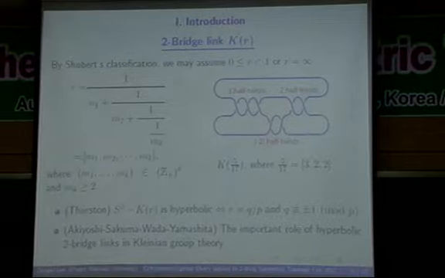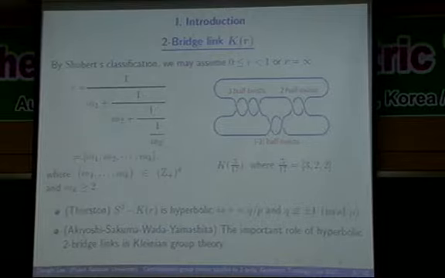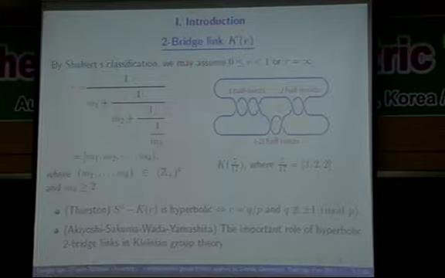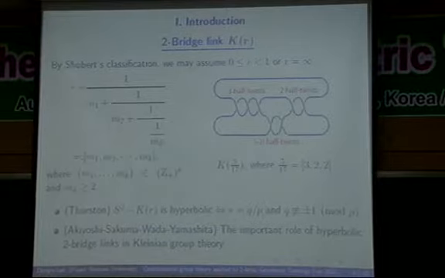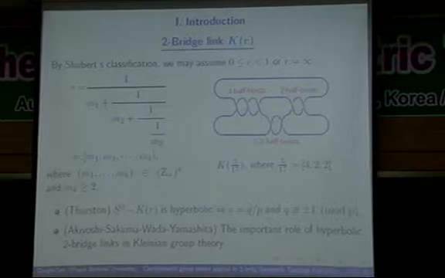Except those trivial cases, we may express r as a continued fraction expansion like that. And we denote this continued fraction expansion using this bracket notation. For example, the rational number 5 over 17 has this continued fraction expansion [3, 2, 2]. Then we may draw the two-bridge link associated with this rational number 5 over 17 as follows.